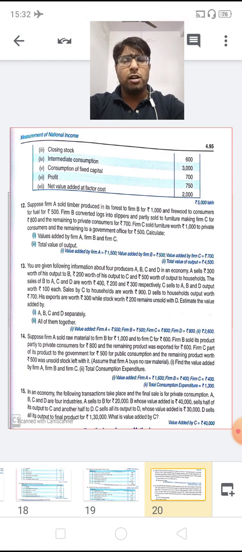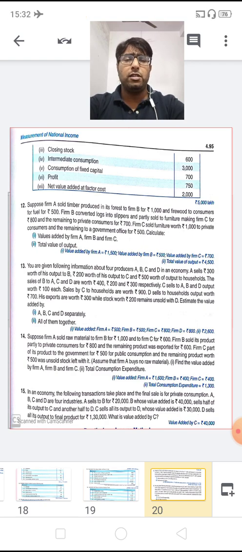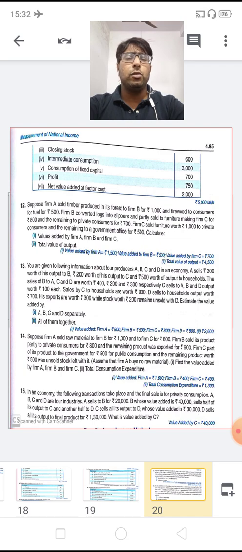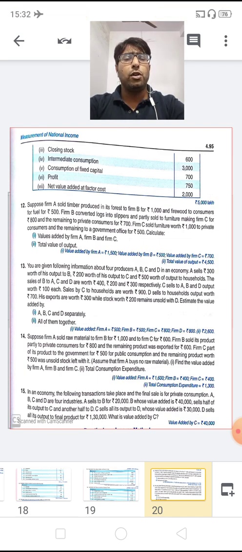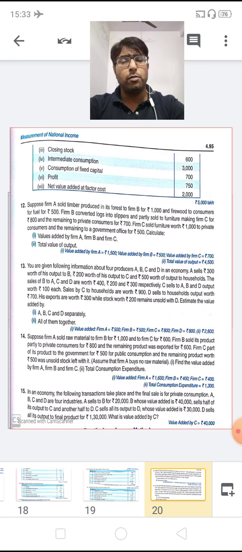They are not a big concept of solving, but the one thing you have to understand is that you have to learn better the way of converting one aggregate into another aggregate by using the various conversions: gross to net, net to gross, domestic to national, national to domestic, market price to factor cost, and factor cost to market price.